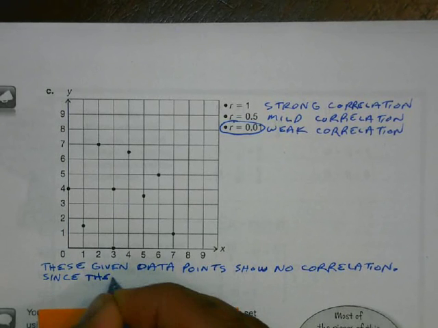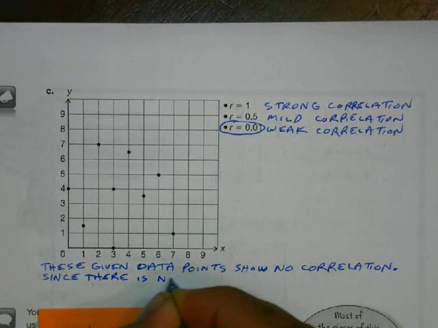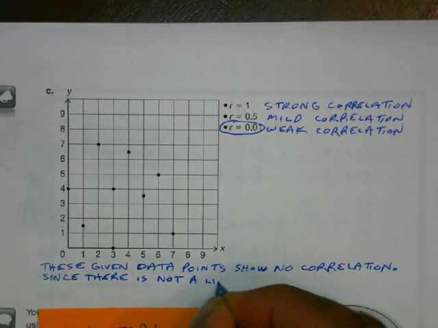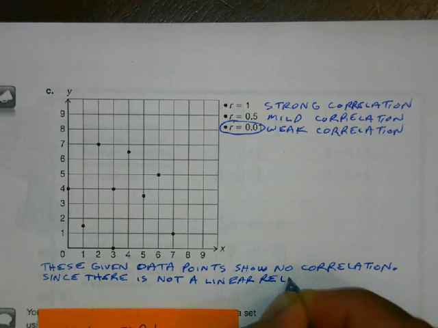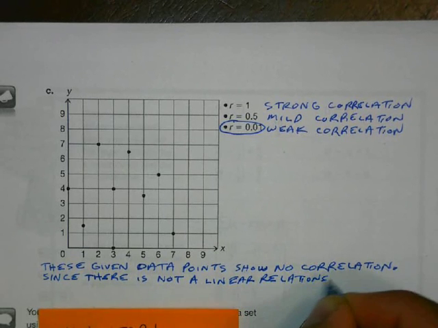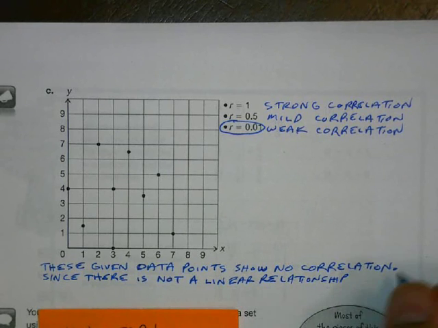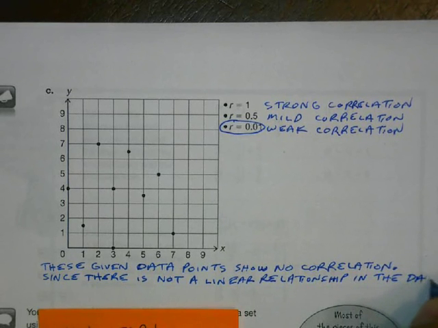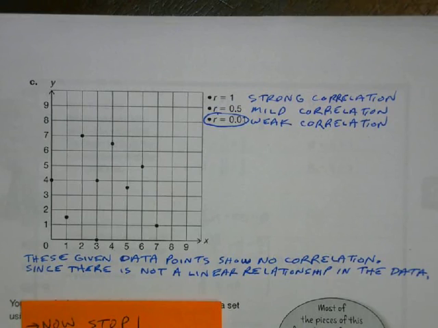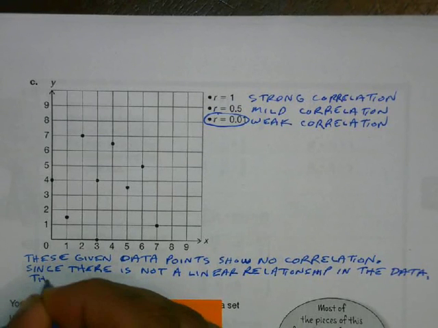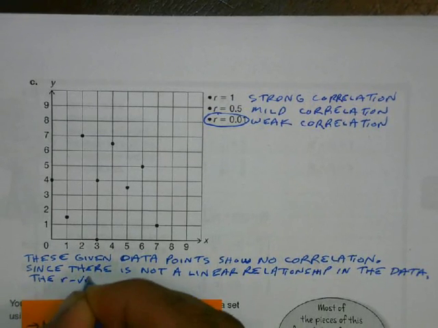Move that over just a hair. So our R value, R equals 0.01, would be the most accurate.